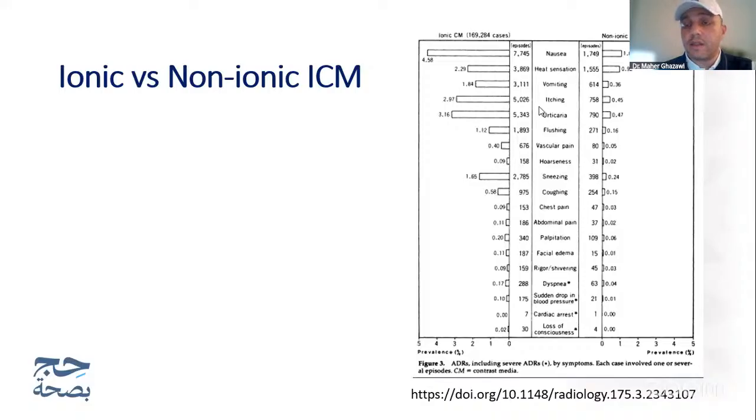You can see here in this diagram the prevalence of complications with the ionic contrast media on your left side, and on the right side, the non-ionic contrast media. There is a huge difference in the prevalence of all types of complications between both categories. So nowadays, we are dealing with non-ionic contrast media, so the prevalence of complications is very, very low compared to the previous category. This is number one.